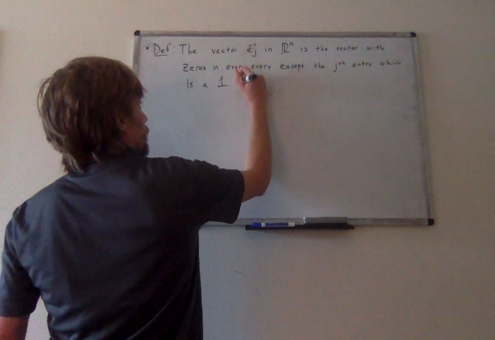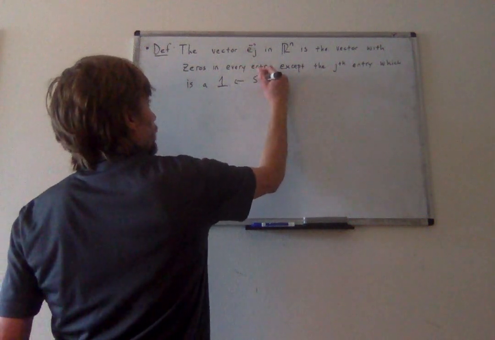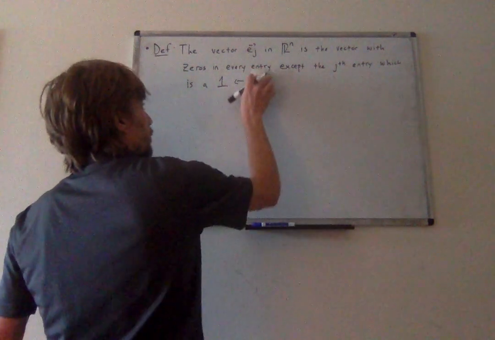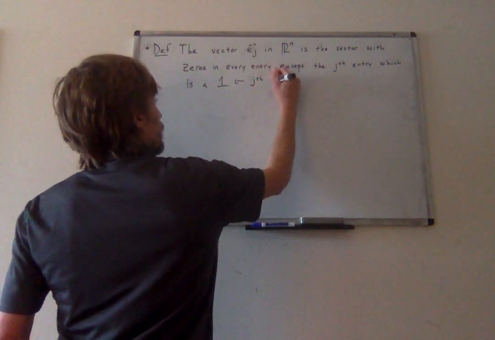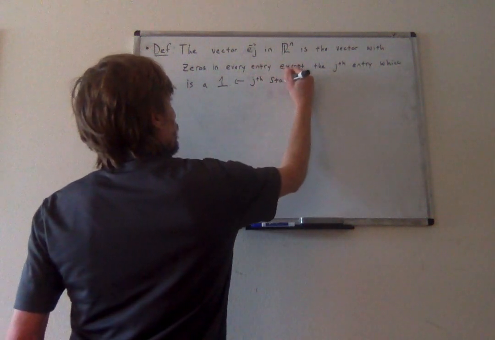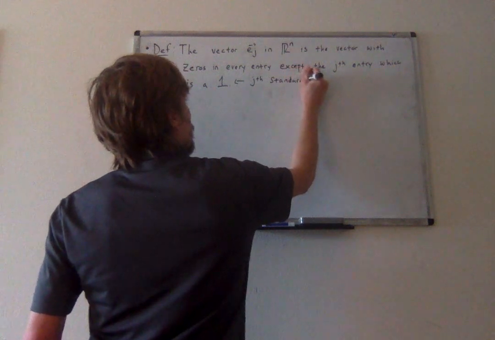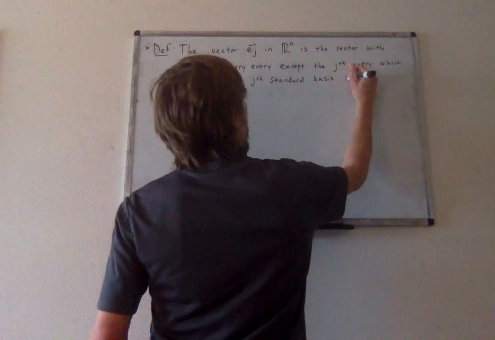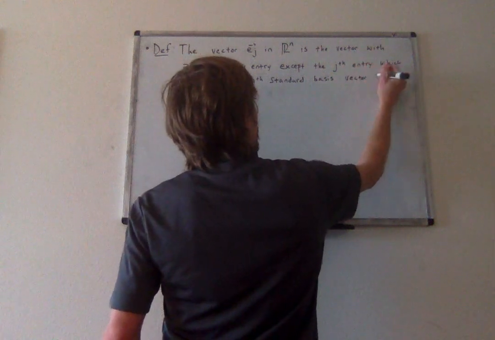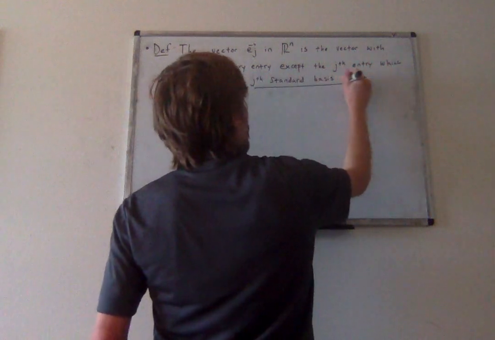And so this is sometimes called the jth standard basis vector in Rn.